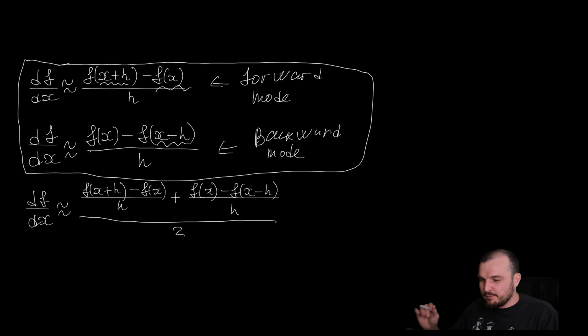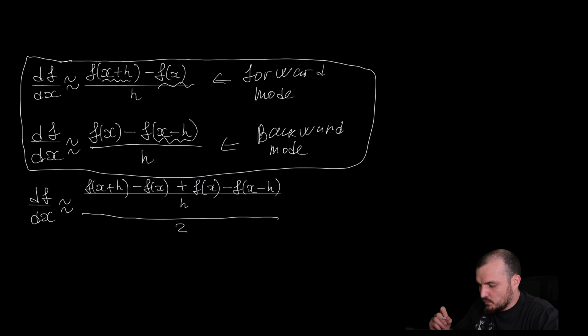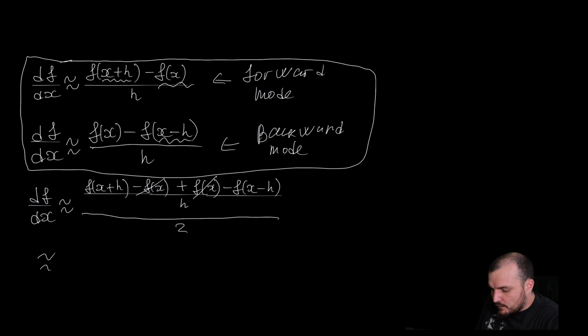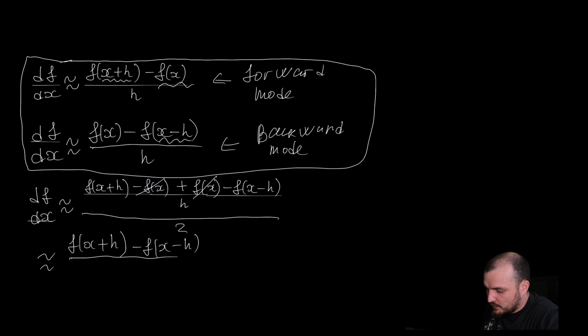Okay, let me simplify this expression, yeah? So I can immediately replace this by the common fraction. So we can just drop negative f of x and f of x. And at the end of our simplification, we have only f of x plus h minus f of x minus h over 2h.